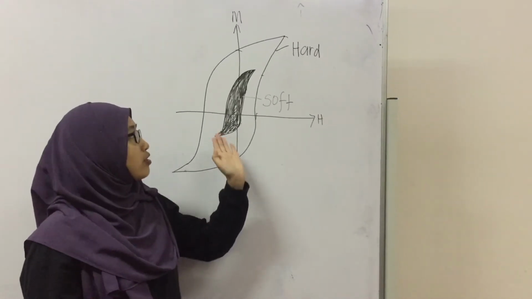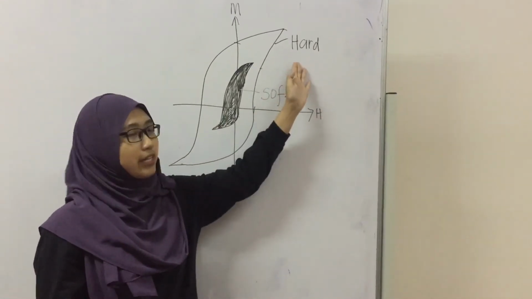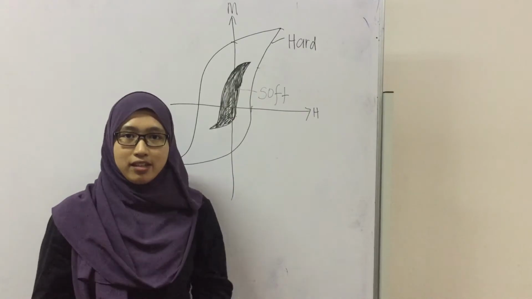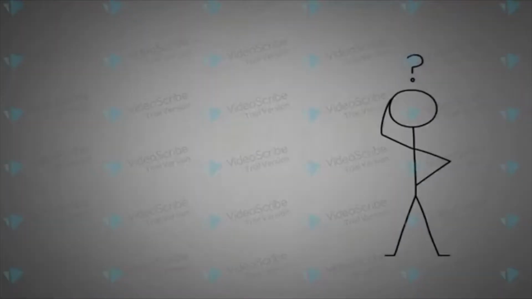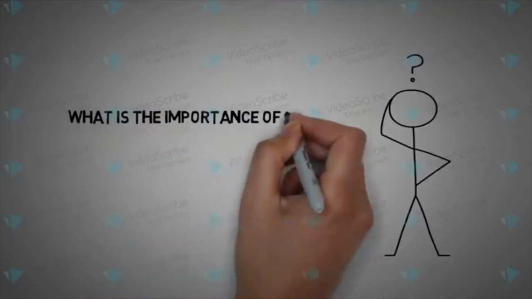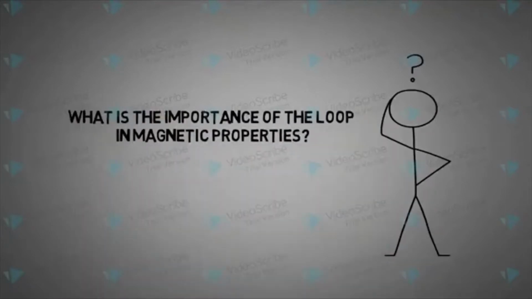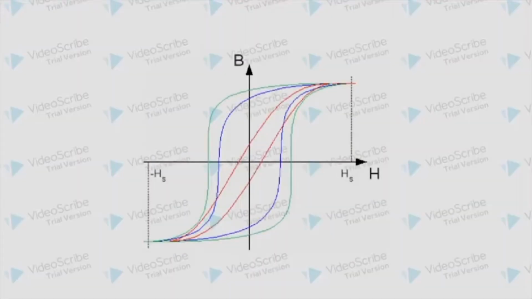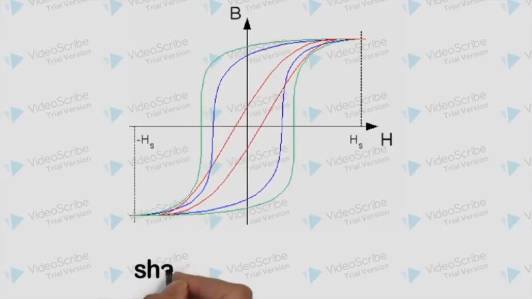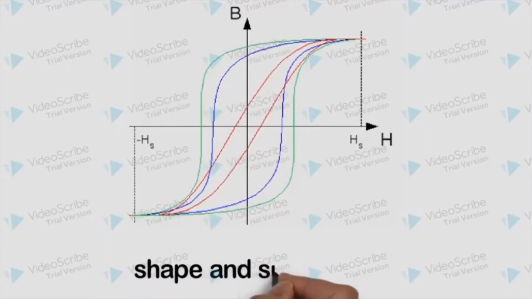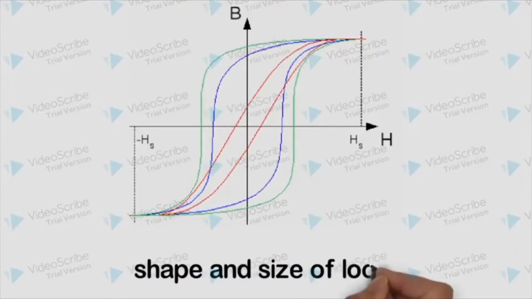We also use the hysteresis loop to differentiate a hard magnet and a soft magnet. What is the importance of the loop in magnetic properties? The choice of magnetic material required for a particular application often depends on the shape and size of the hysteresis loop.